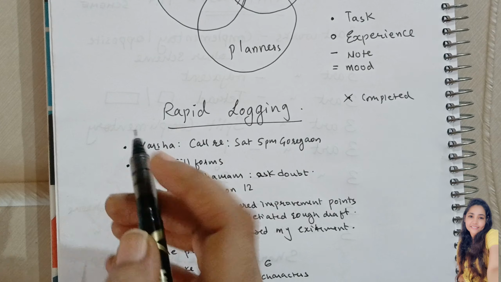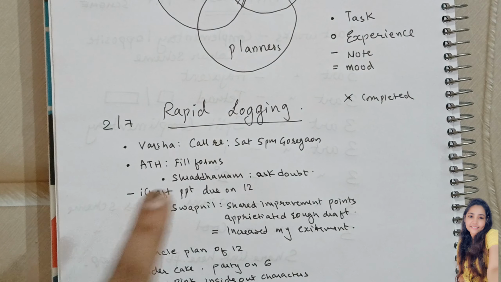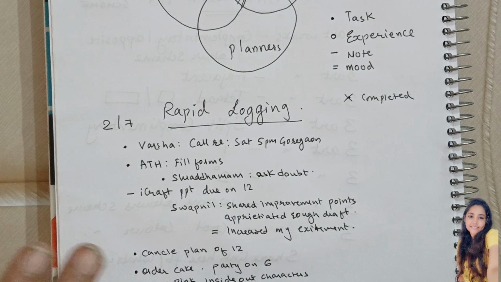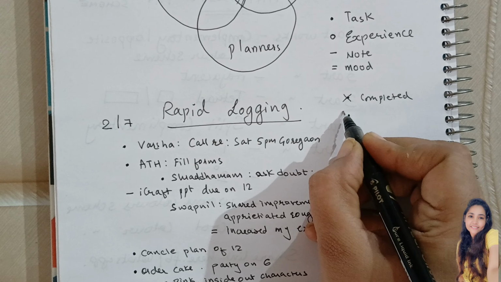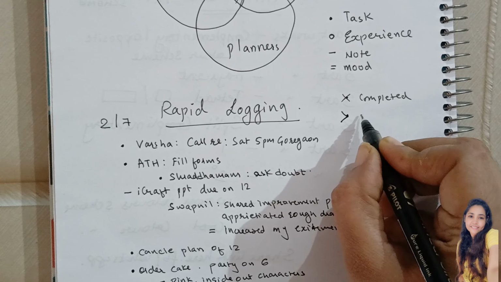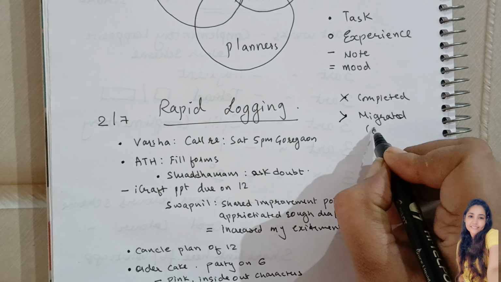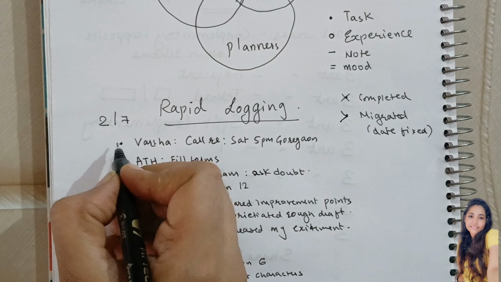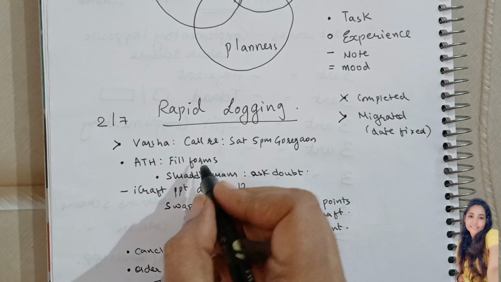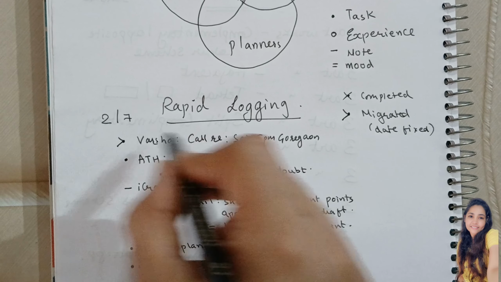So if today is 2nd July, I know that I have to complete this task on 3rd July. Such kinds of tasks are called migrated tasks, and they are marked with a forward arrow. Forward arrow means migrated task. That means you have a fixed date to write that. Alright, so I am going to forward this task. When? Tomorrow. So either I move to the next page, I write 3-7 and I rewrite this task.